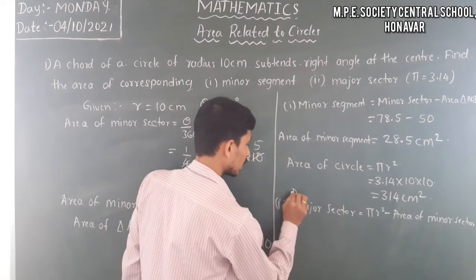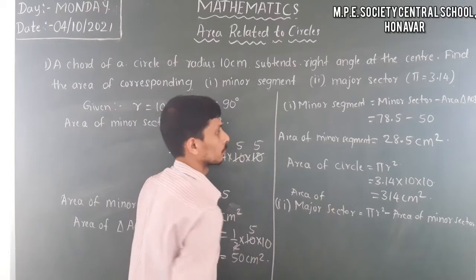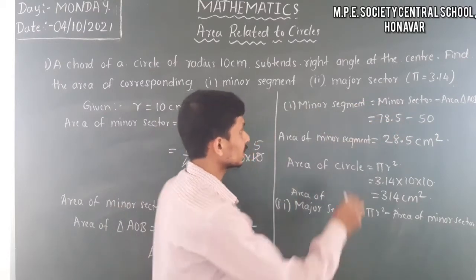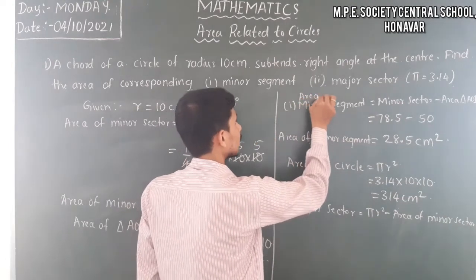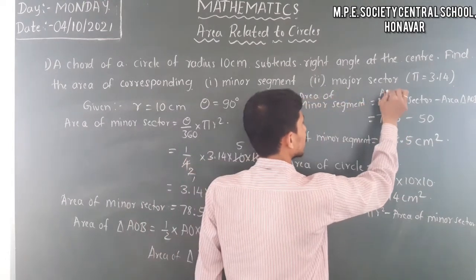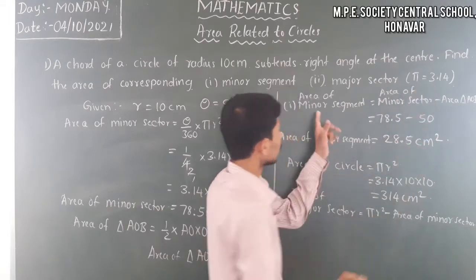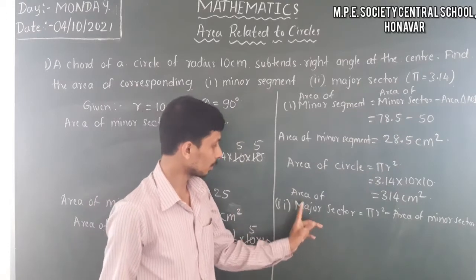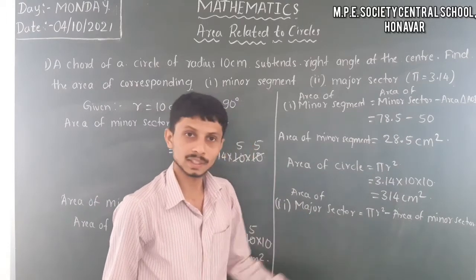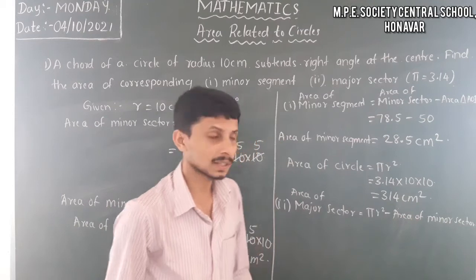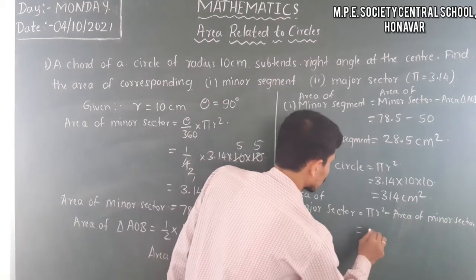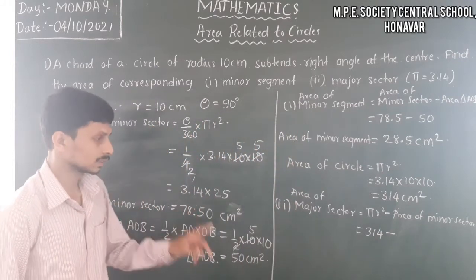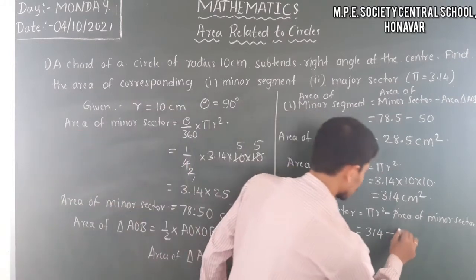Area of minor segment is equal to area of minor sector minus area of triangle AOB. Here the area of major sector is equal to pi r square, the area of the circle, minus the area of minor sector, which is 314 minus 78.5.